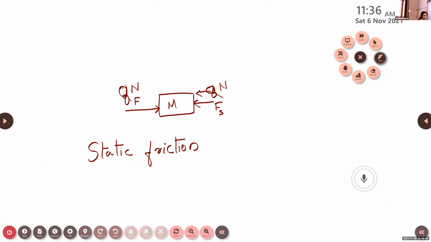Static friction is a force acting on an object which is at a state of rest on the surface of another object. So static friction is a self-adjusting force. Why do we call static friction a self-adjusting force?